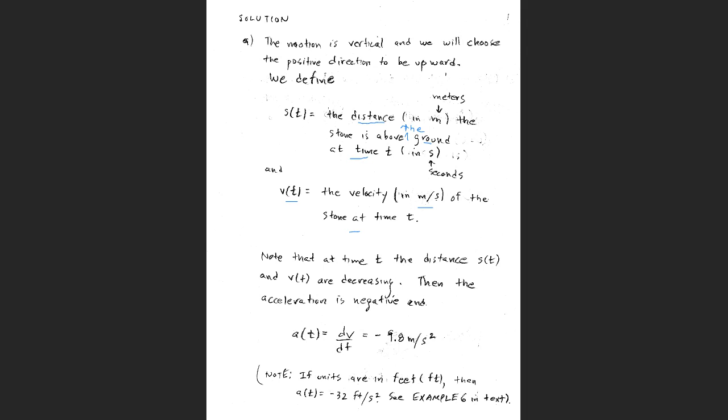Given this, we'll note that at time t, the distance S of t, which is the distance that the stone is above the ground, is decreasing, and velocity is also decreasing.